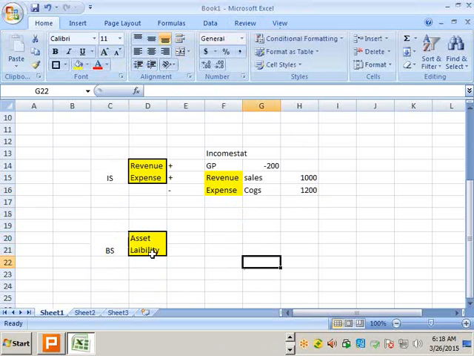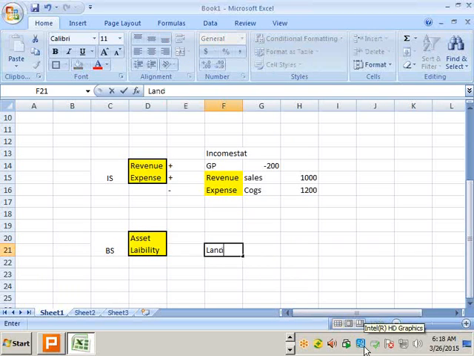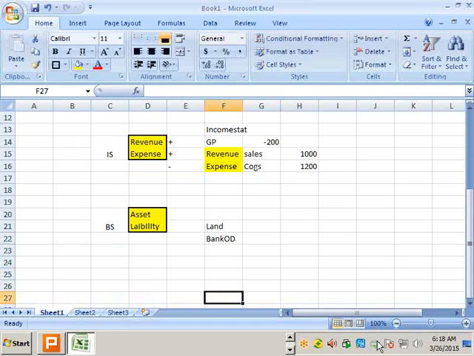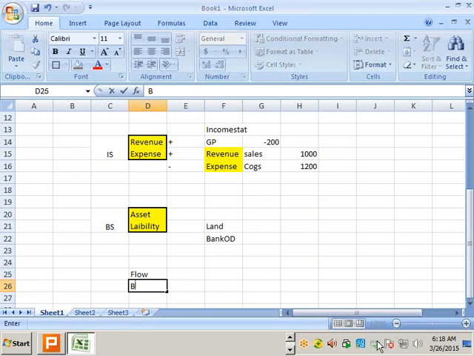So whenever you are tagging any balance sheet account types like land, buildings, and bank overdrafts, or anything else that we define as assets and liabilities, meaning balance sheet accounts, you need to define the asset and liability account type. For this purpose we are using it. And another two account types that we have are flow and balance account types.